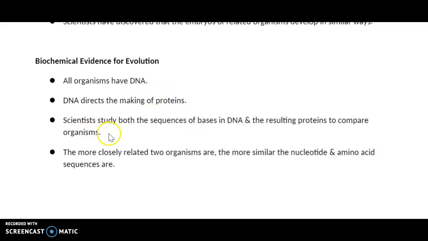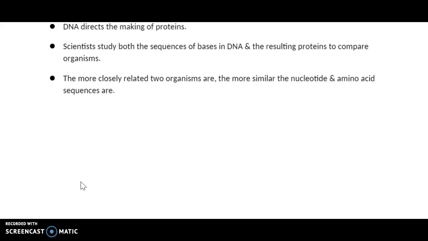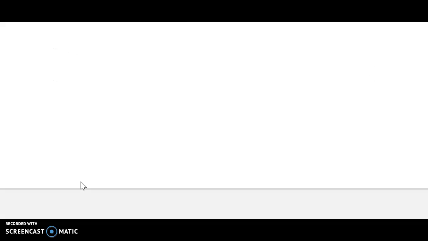So scientists study both the sequence of the bases in the DNA and the resulting proteins to compare organisms. Well, if we only have 20 possible amino acids to be used in all the proteins in the world, of course they're going to be similar. The more closely related two organisms are, the more similar the nucleotides and their amino acid sequences are. And that's that.